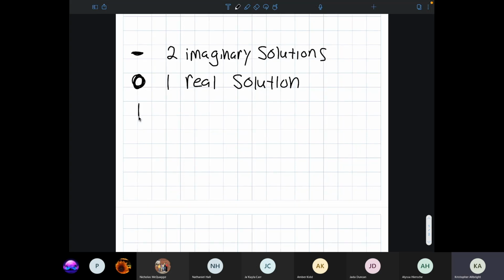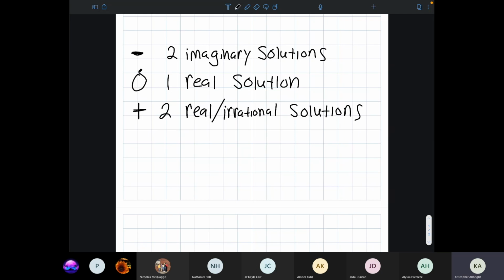And if it is positive, then you are going to have 2, probably real, I don't know exactly what word your homework is looking for, but it's probably going to be real or irrational. So this is 0.